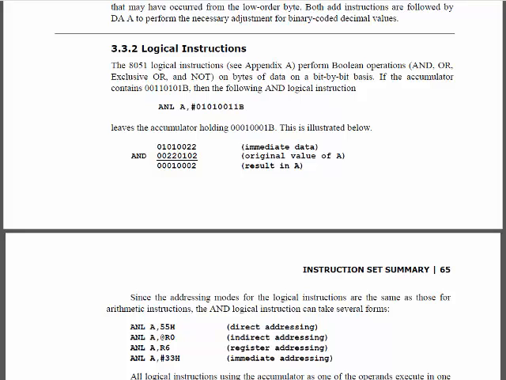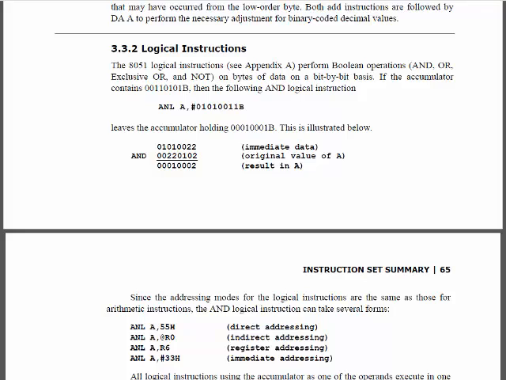So if A includes 1, 1, 0, 1, 0, 1, if this is a 1, this is a 1, that's a 1. This is a 1, and this is a 0, that's going to be a 0. What you're basically doing is just clearing the bits that are a 0 in the immediate data.